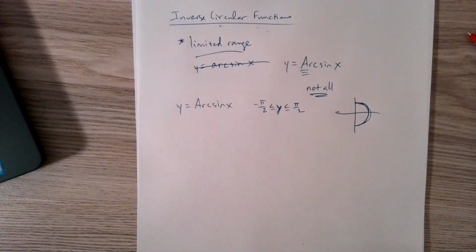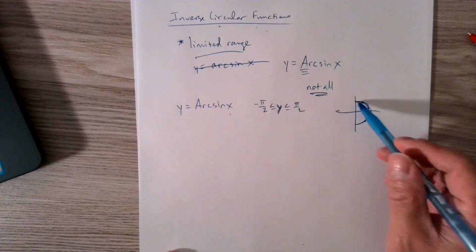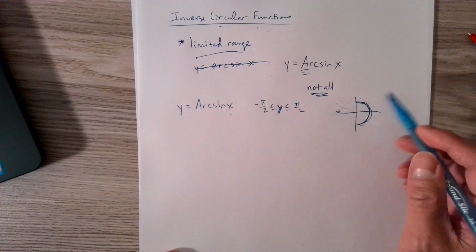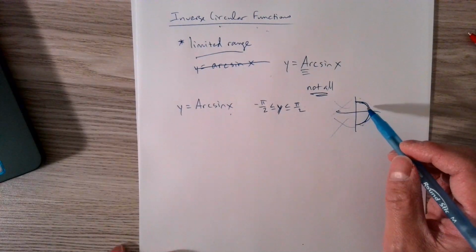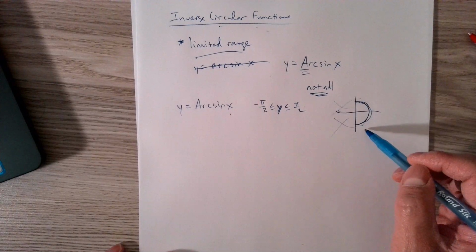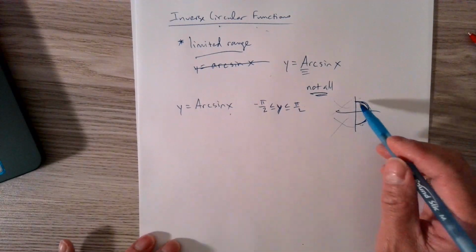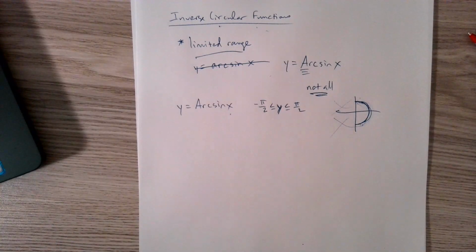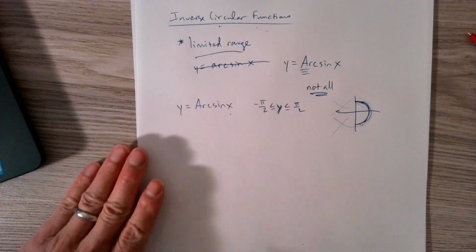Find all the angles that have a sine value of x within this range. Don't worry about that, don't worry about that. Don't even worry about going around the unit circle again. We don't need that. We just need all the angles within this range. It could be more than one, it could just be one.